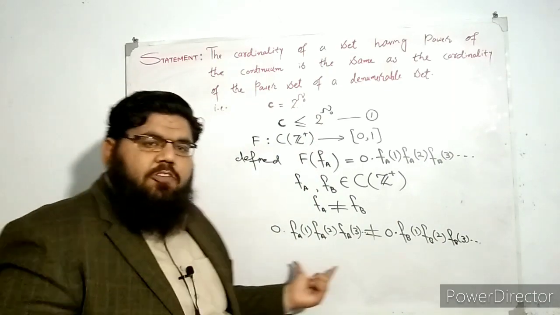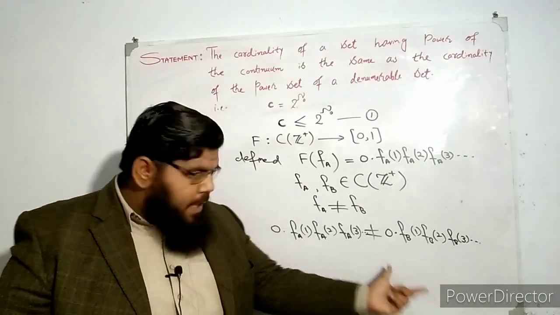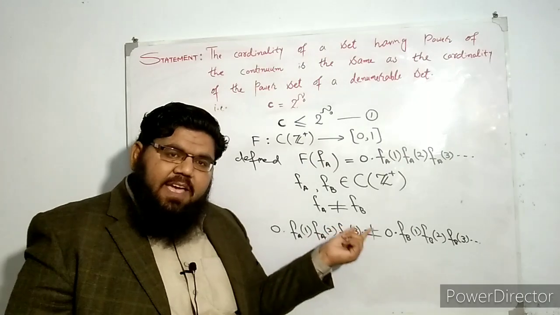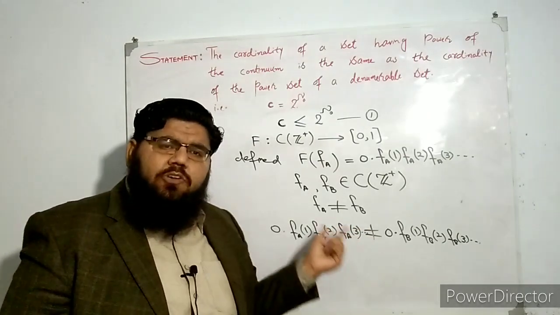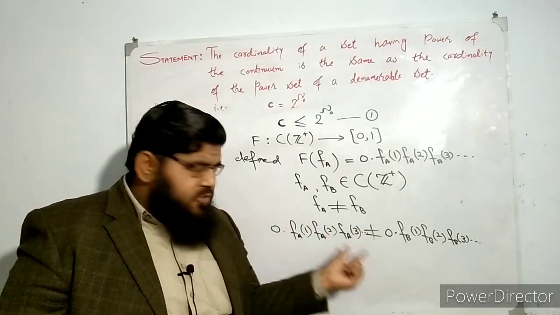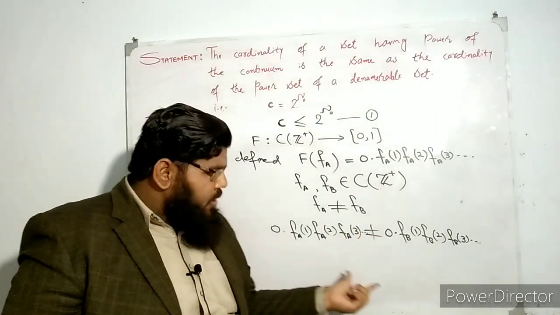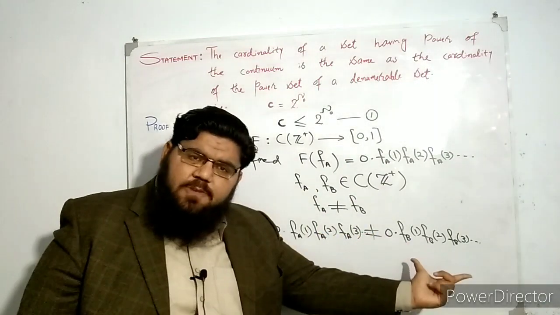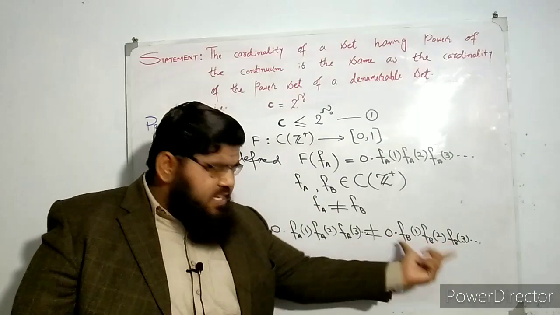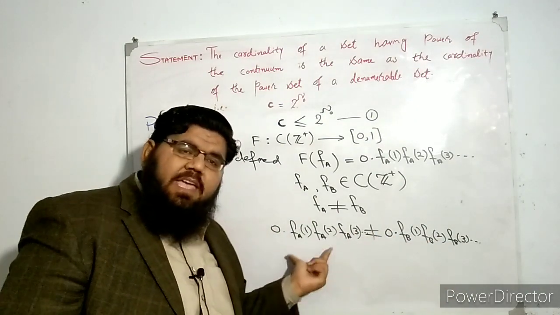These two numbers will not be equal. Why? Because we have said that fa is not equal to fb. They are not going to give you the same output, so how can we say that these two numbers will be equal?